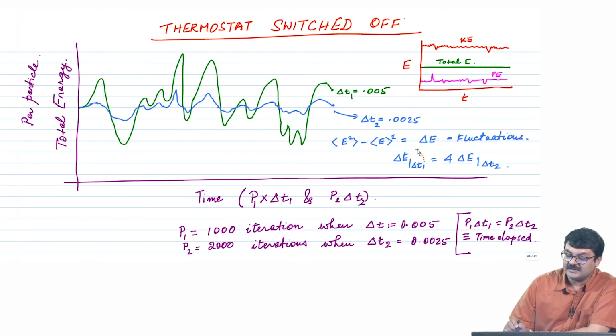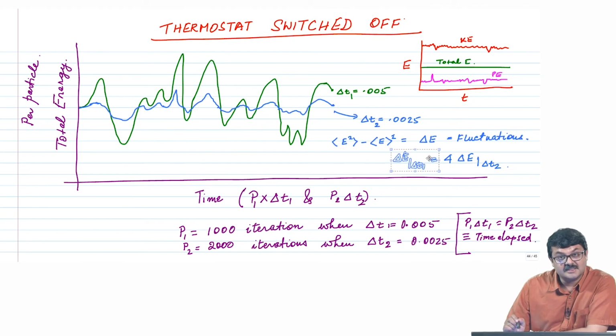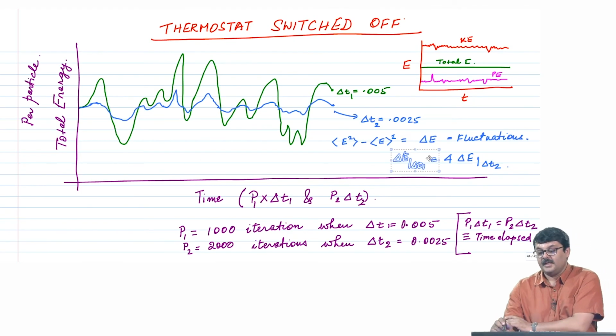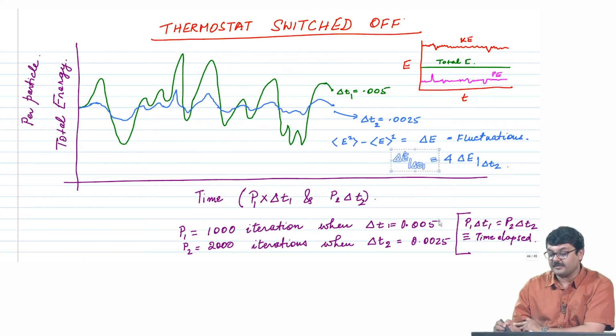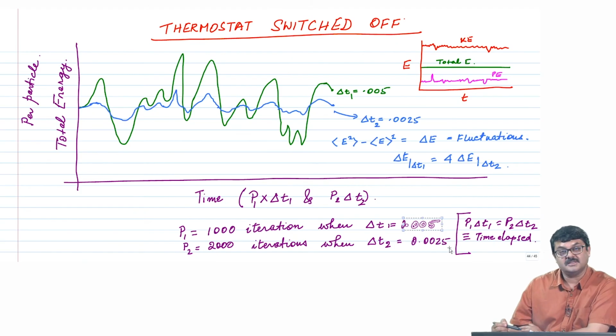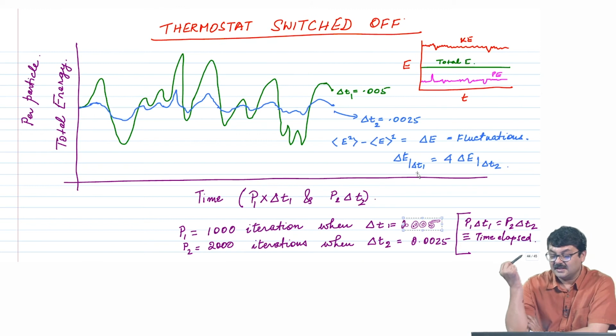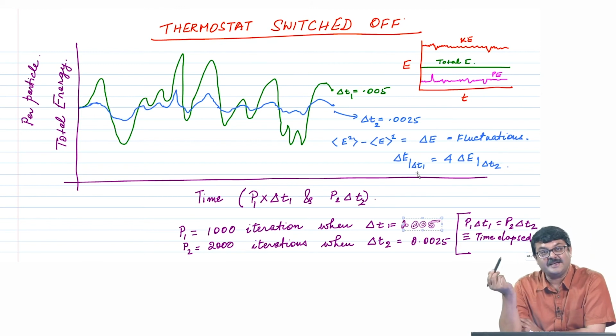So, basically you are saying that the delta E with the larger delta t1 is 4 times that of the delta E, the fluctuations in energy, with the smaller integration constant, and this is 4 times because you have halved the integration time. Of course, if you had made it 1/3, then this relation would be 9 times.